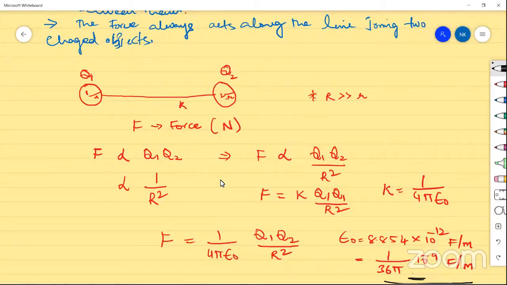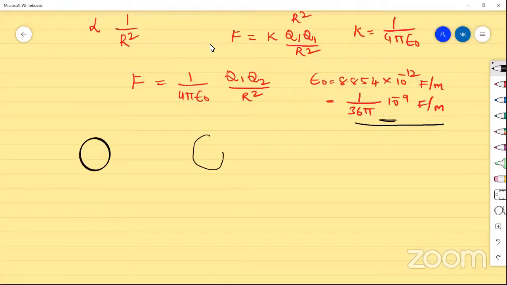In which direction does the force act? The force acts always along the line joining the charges. That is also very, very important. Along this line joining, only along this line the force acts. This is object 1, this is Q1. This is Q2. This is the line joining 1 and 2. So I will define it like this.